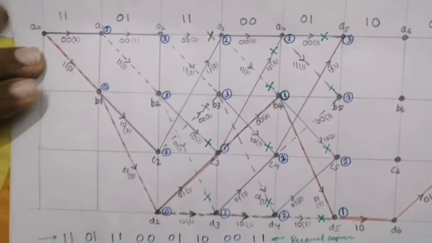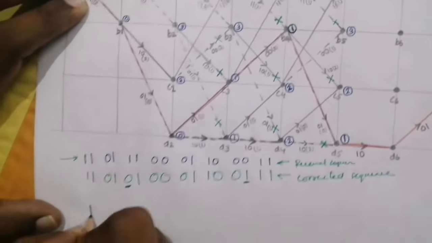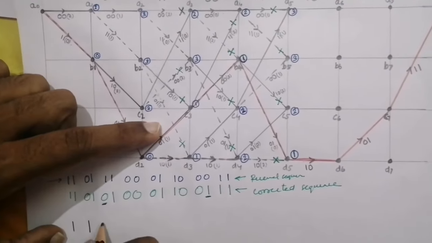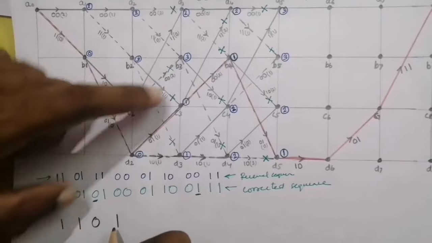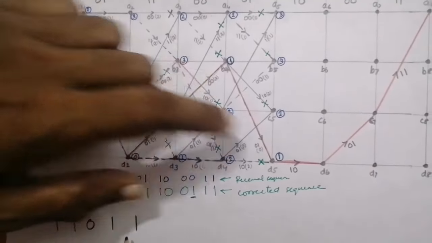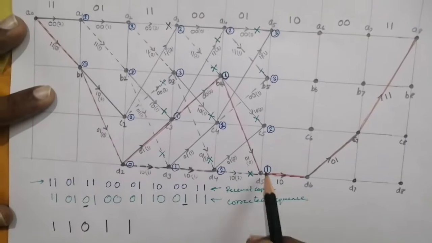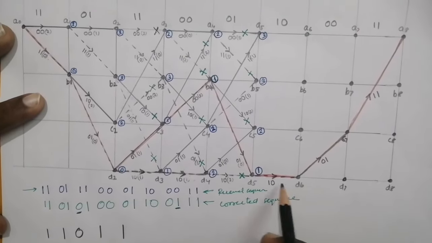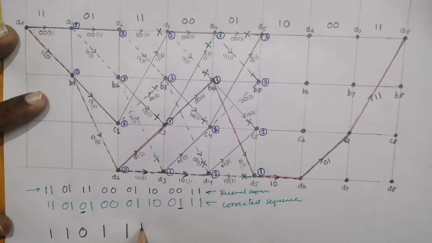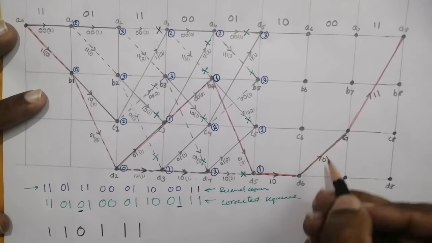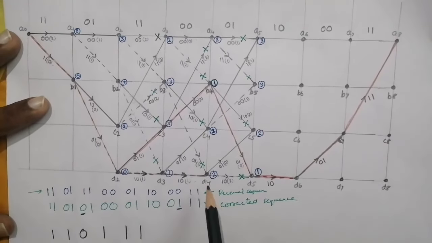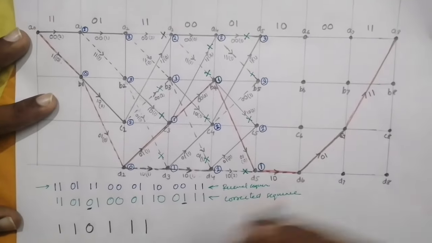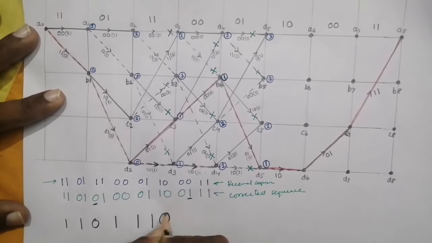So here we can see this is a dotted line, so 1, again 1, this is a bold line, 0, 1, 1. Here we have a dotted line, D5 to D6, so this is again 1. Again D6 to C7. D4 to C5 is 0, so this is a bold line, that is 0.